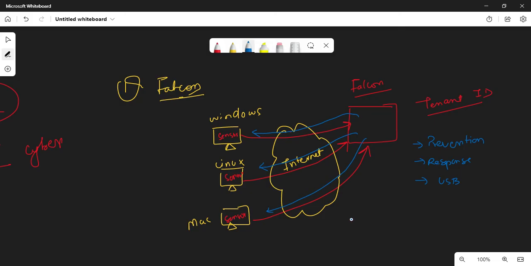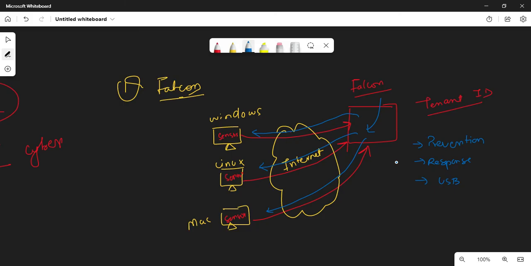Then they will start working, giving you reports, notifications, and incidents. Whatever is happening within these endpoints, you will get all these reports within this web UI.